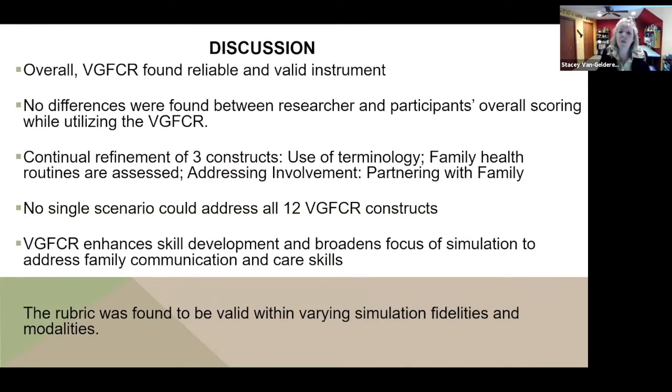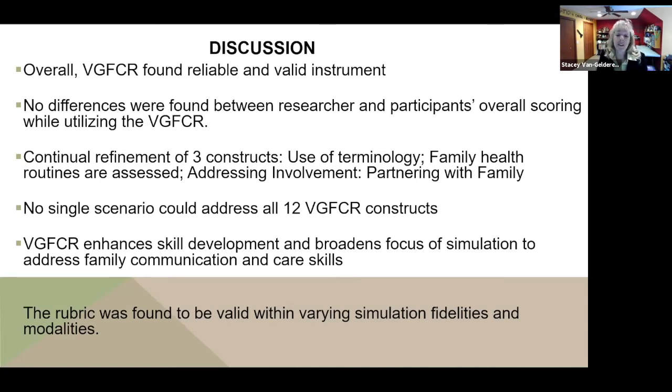So overall, we found that the rubric was a reliable and valid instrument to assess nursing and midwifery students. We were able to help their family-focused care actions and communication skills and help them apply that to their future practice.